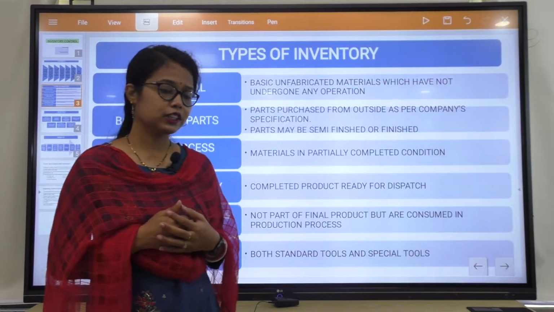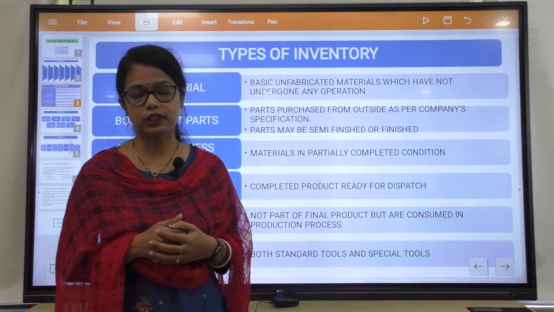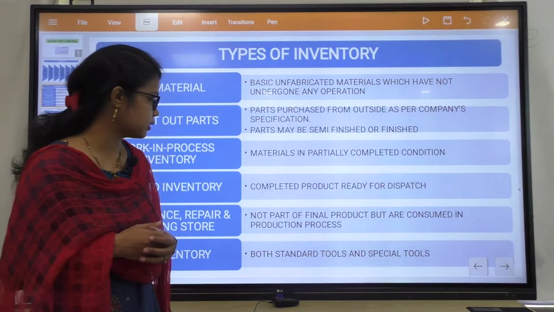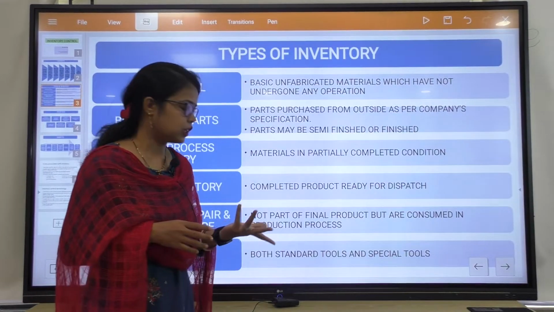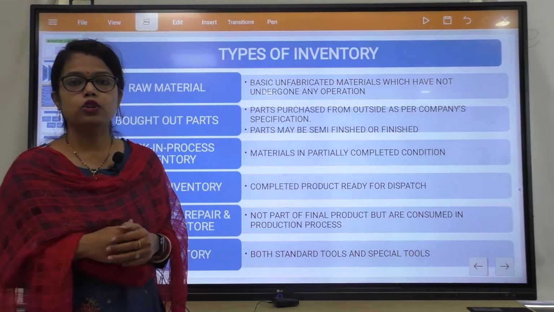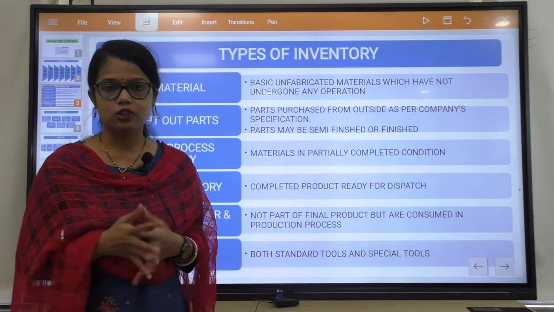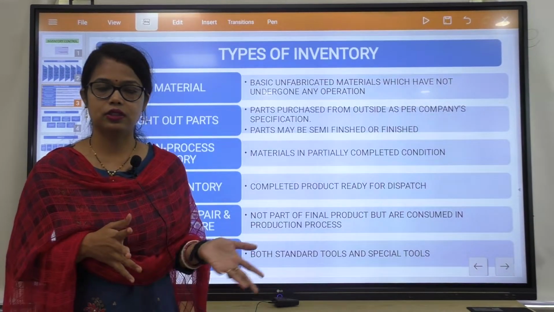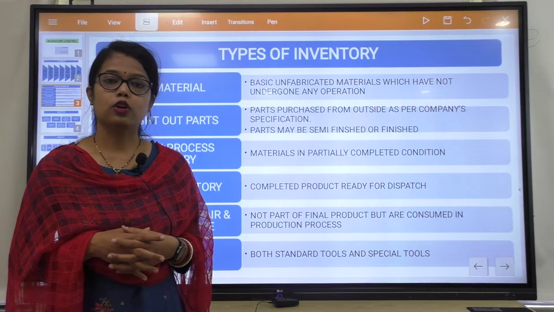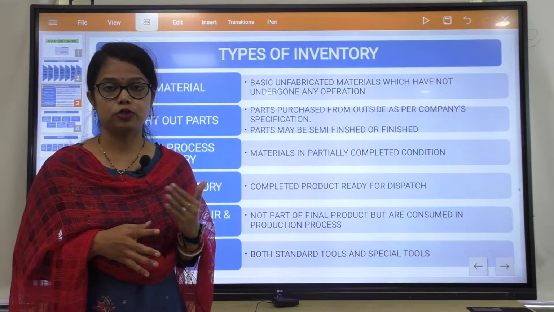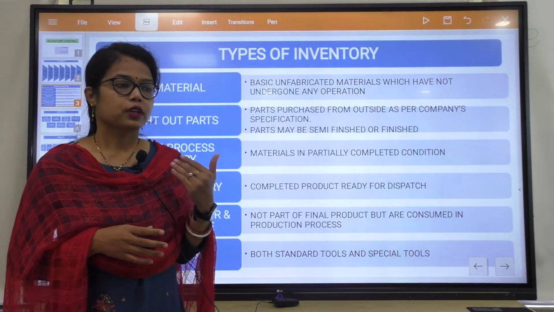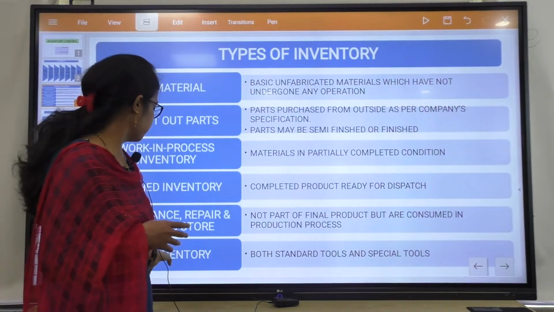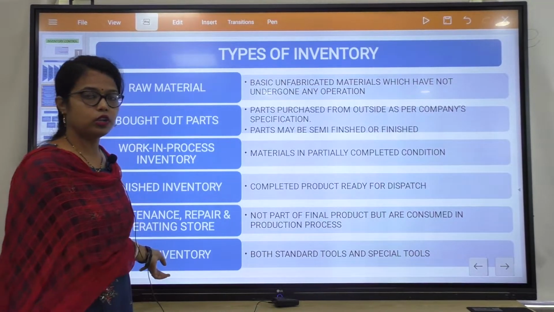Sometimes some special tools are there, sometimes basic tools, and some standard tools. All these tools are also kept in stock in the industries, and they also come under the inventory parts. Clear? So, it is the most important inventory, called tool inventory.